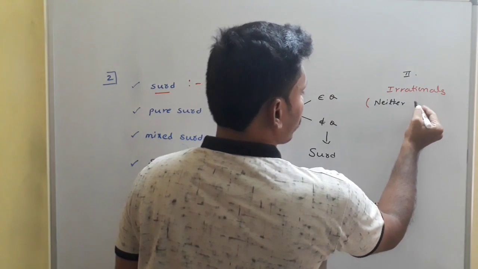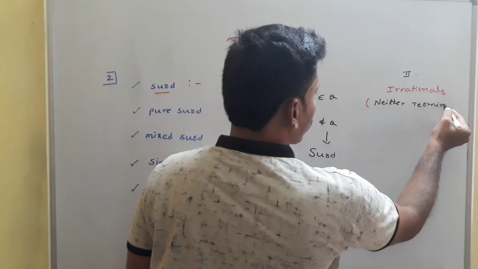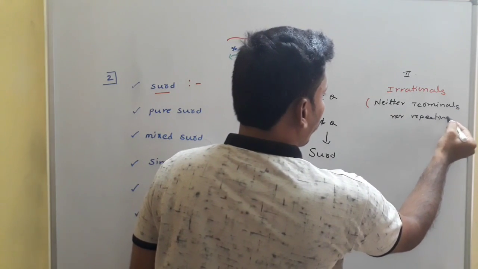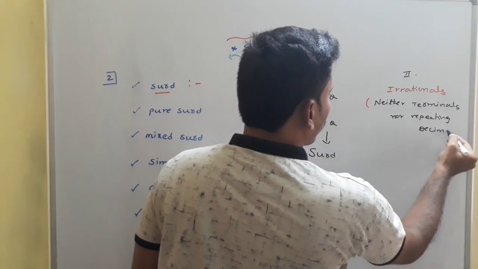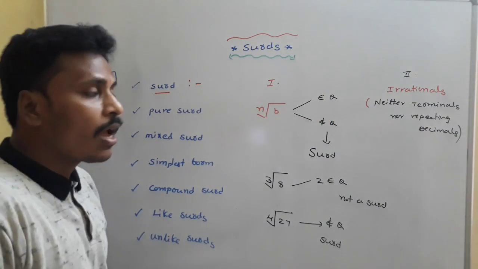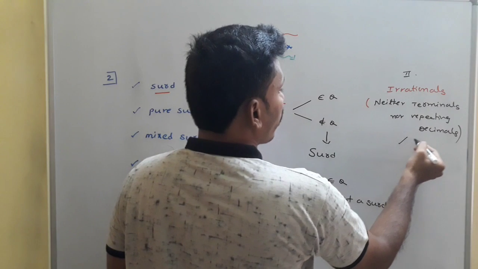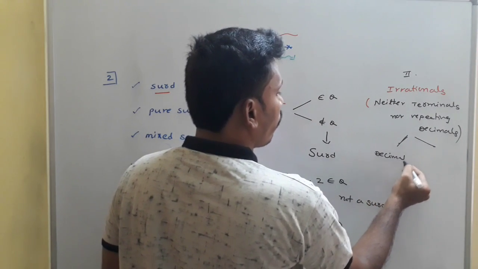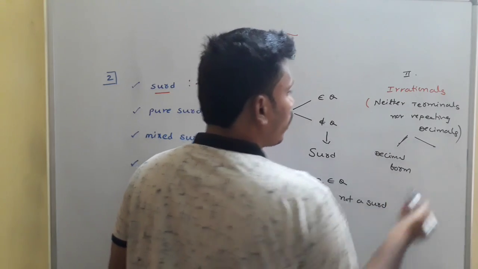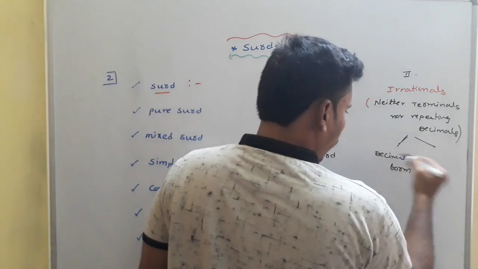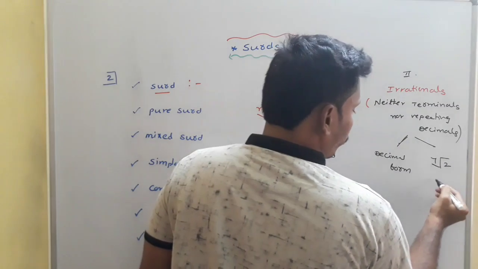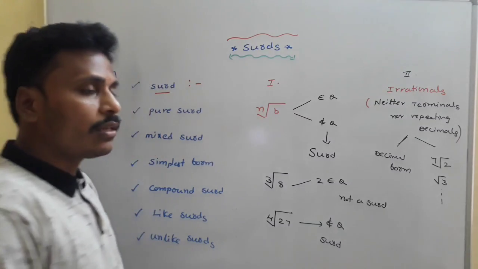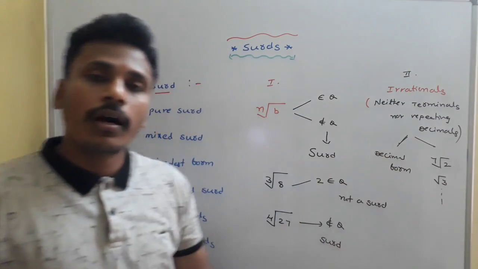Among those irrationals, some numbers are in decimal form. And there are some numbers of the format like this, 7th root of 2, as well as square root of 3. All these are also irrationals, and irrationals of this format are considered as surds.